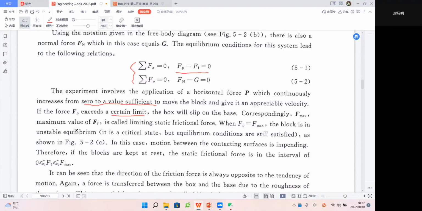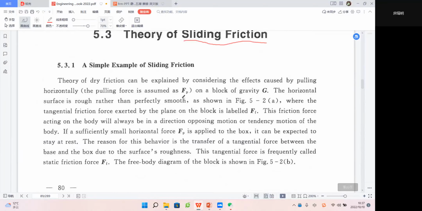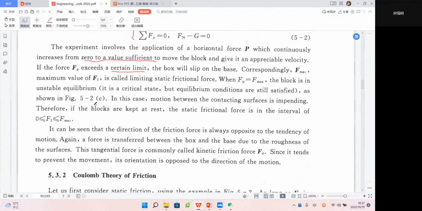So Fmax means the maximum value of Ff, which is the sliding friction. Can you guys understand that? So this is Fmax. We call that the limiting static friction force. When Fp equals Fmax, this is the so-called critical point.